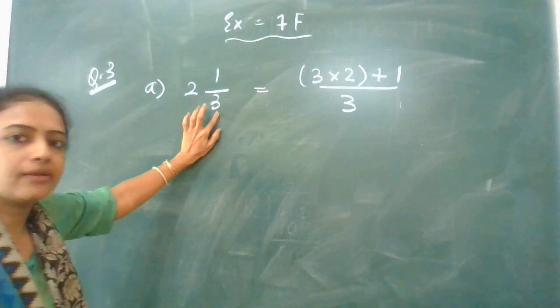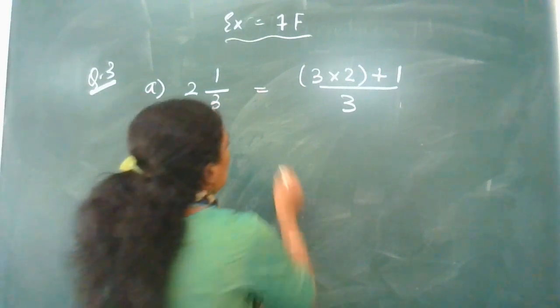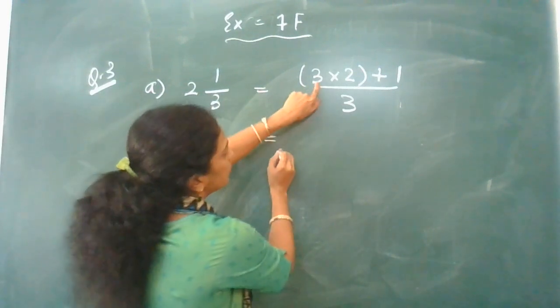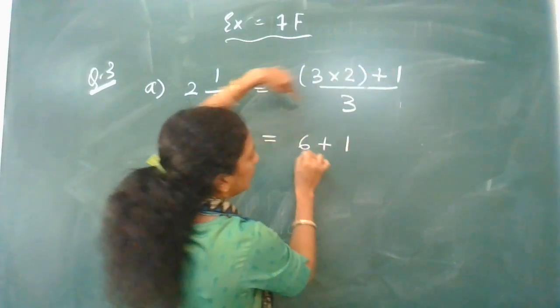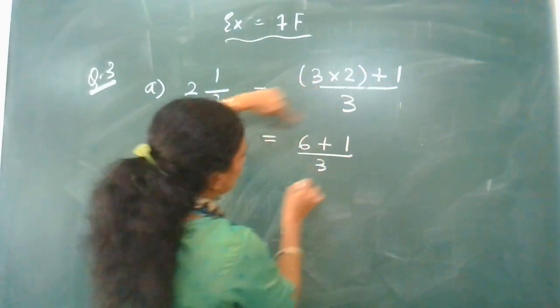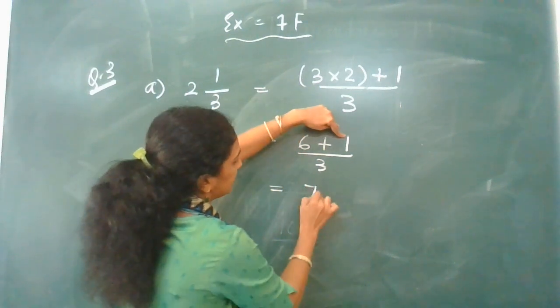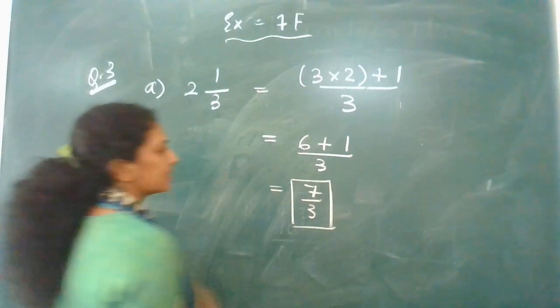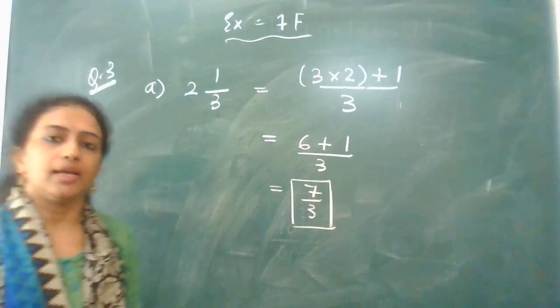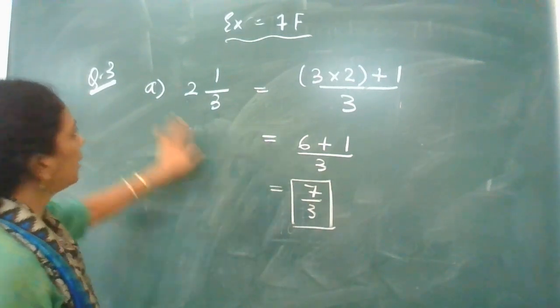So 3 twos are 6 plus 1, and the denominator. 6 plus 1 is 7, and the answer is 7 upon 3. So this is your A.